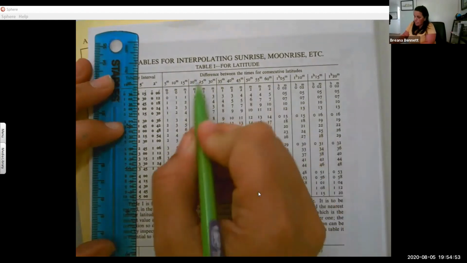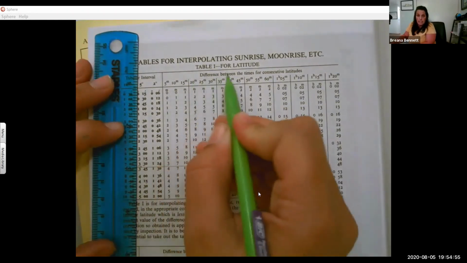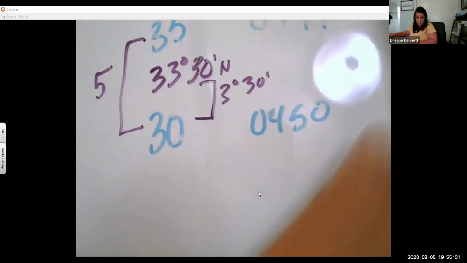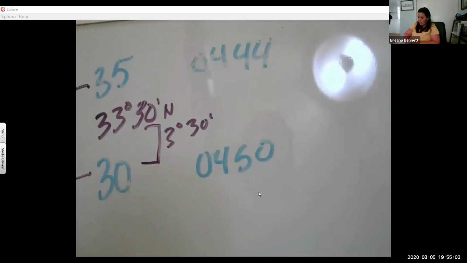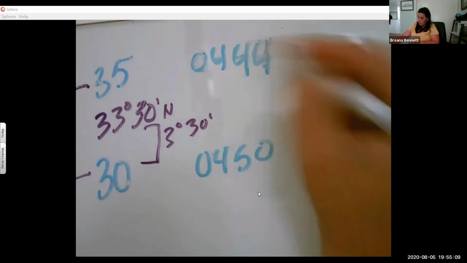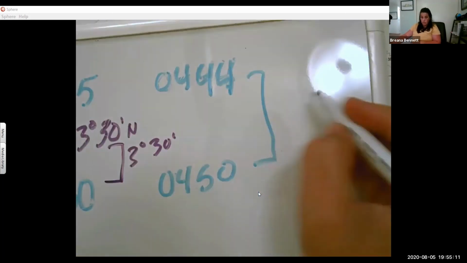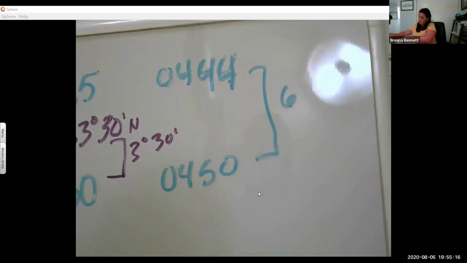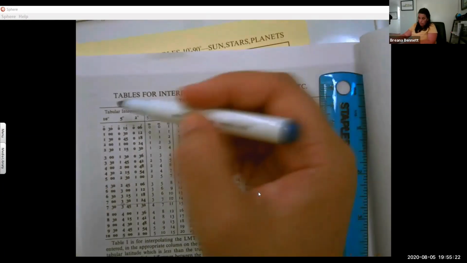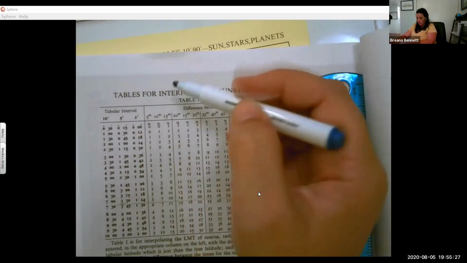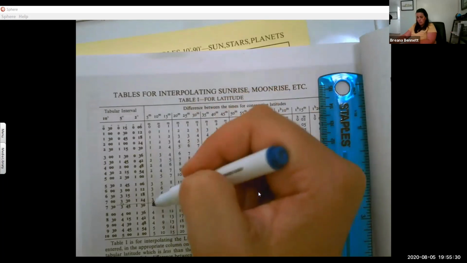Now here, I go in with the differences between the consecutive times. So back to this one, this was 44 and 50. So my difference between these 2 times would be 6. Go back to this one, and I'm real close to the 5 minutes, so I'm going to use 3.